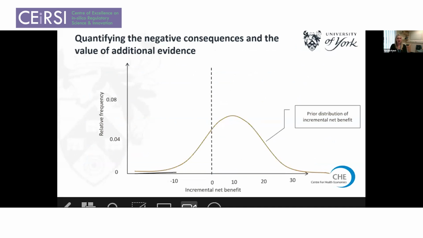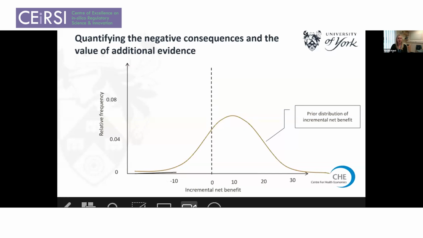So let's have a simple example of how this VOI, value of information method, can help us assess the expected consequences of making the decision based on the currently available evidence and determine the value of additional information to reduce the uncertainty in the approval decision.